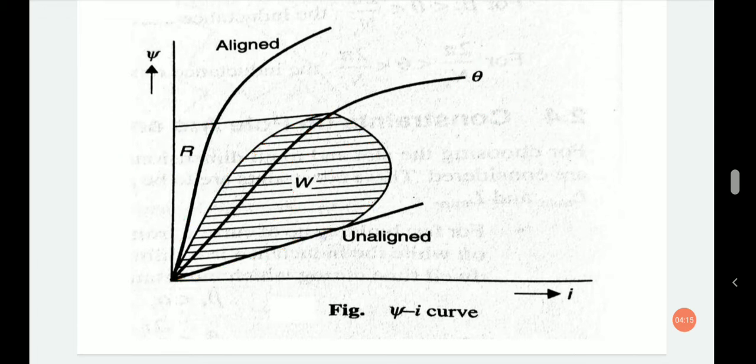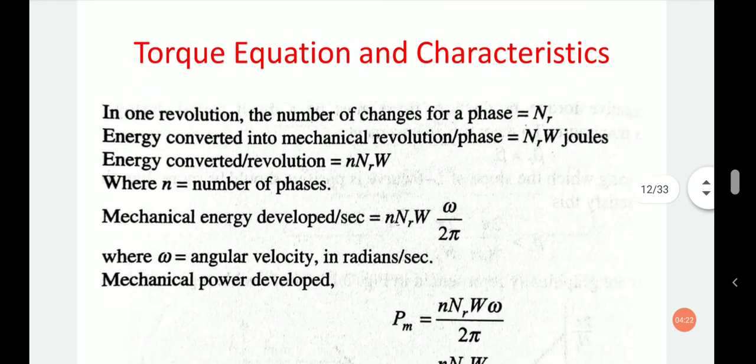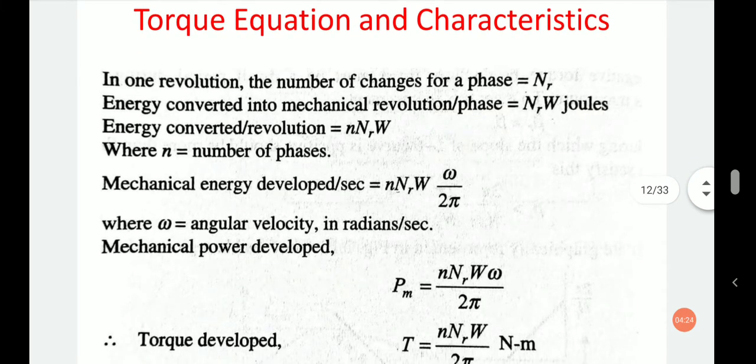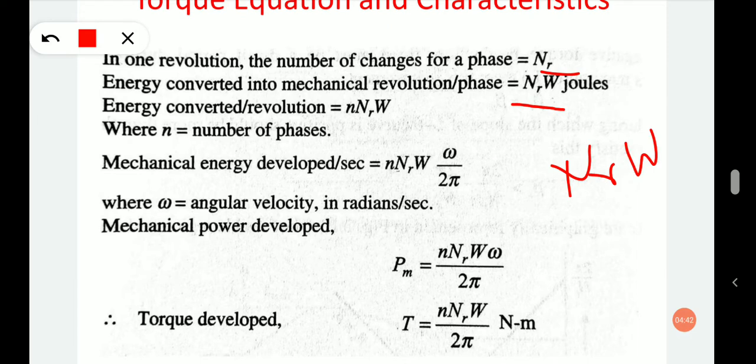In one revolution, the number of strokes for a phase is Nr. Energy converted into mechanical energy per revolution per phase is Nr into W, and the unit is joules.